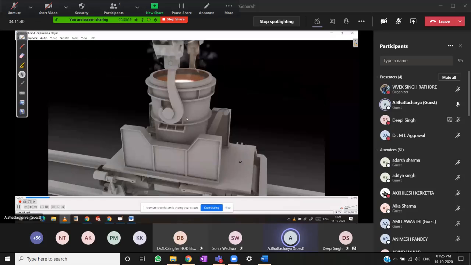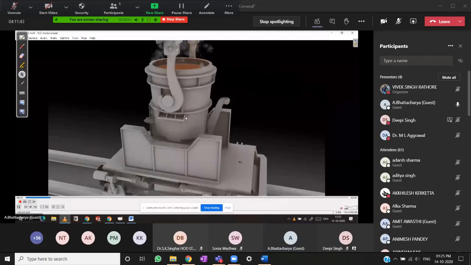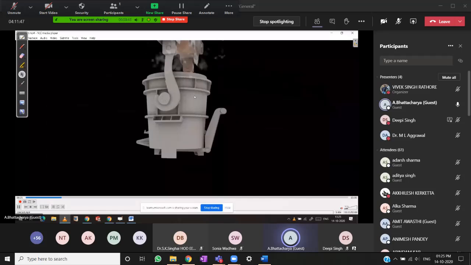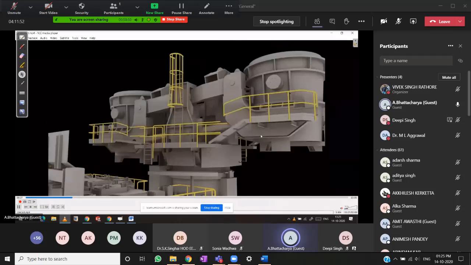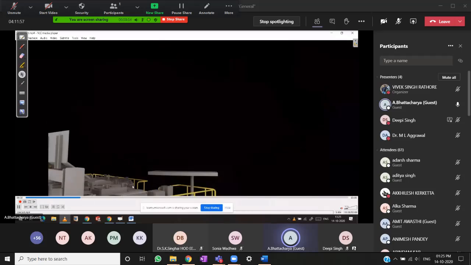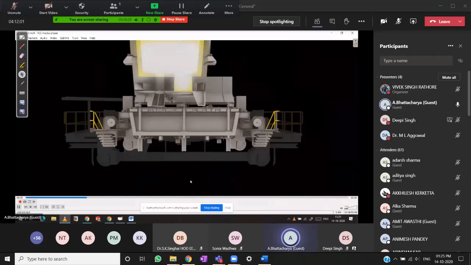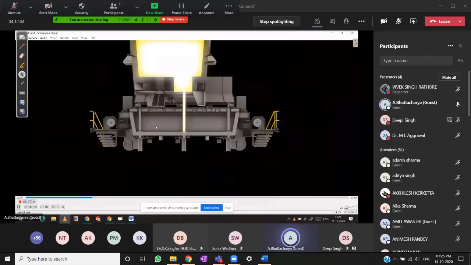Then it is put on a continuous casting setup. You can see here. This ladle is placed on the turn disc.